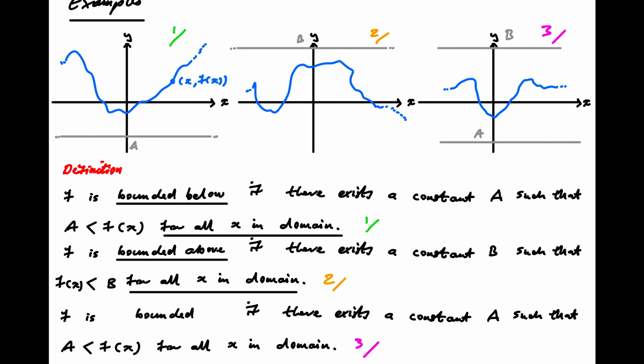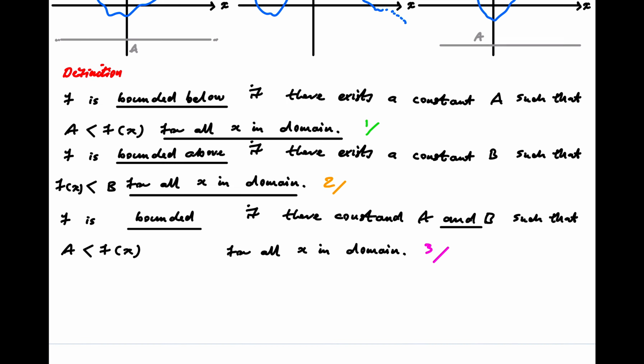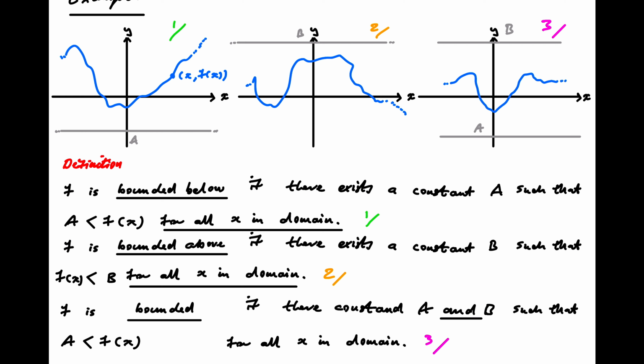So it's bounded if there exist, you need 2 constants now, constants A and B, such that it would have to be bounded above and below. So what would we have? You'd be bounded below by the A, and you'd be bounded above by the B. Again, for all x in the domain.